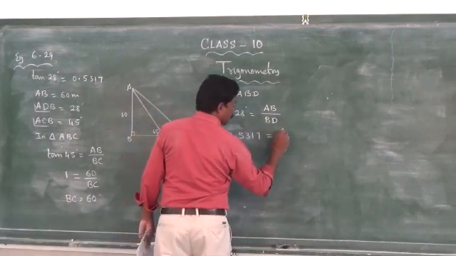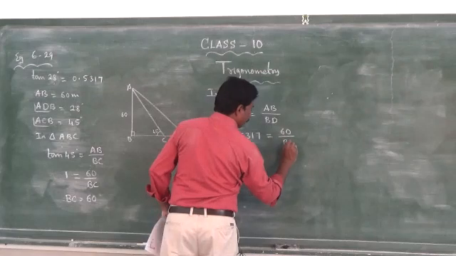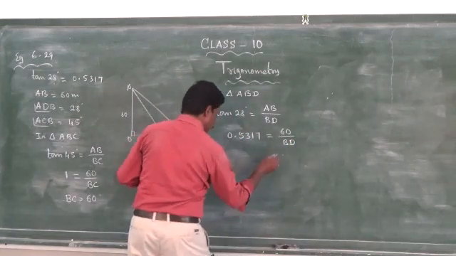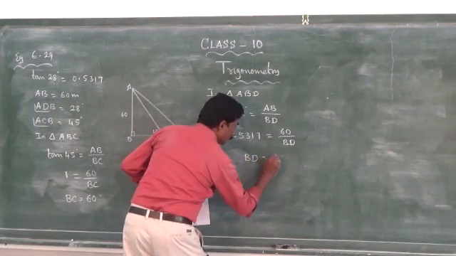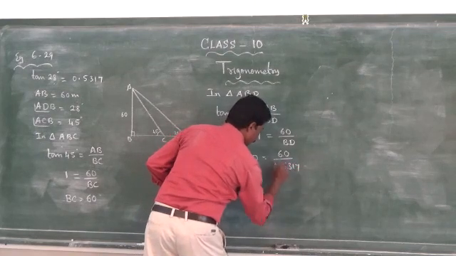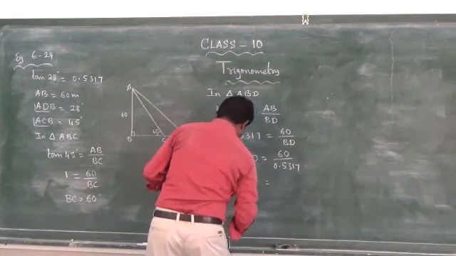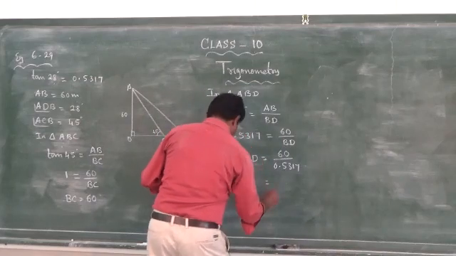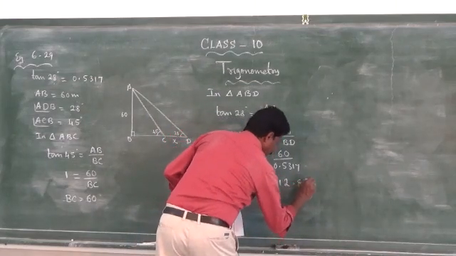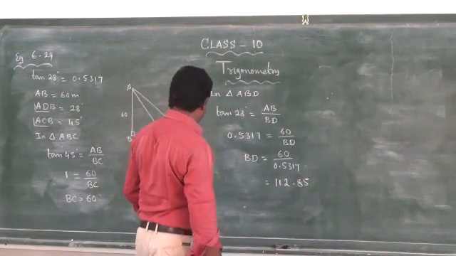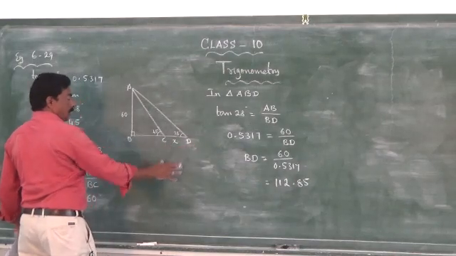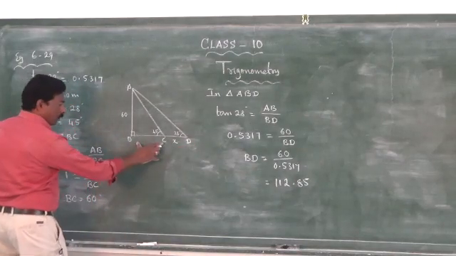AB we know is 60, by BD. So BD equals 60 by 0.5317. When you divide this, you will get 112.85 approximate value. That is BD. We found the value of BD as 112.85.